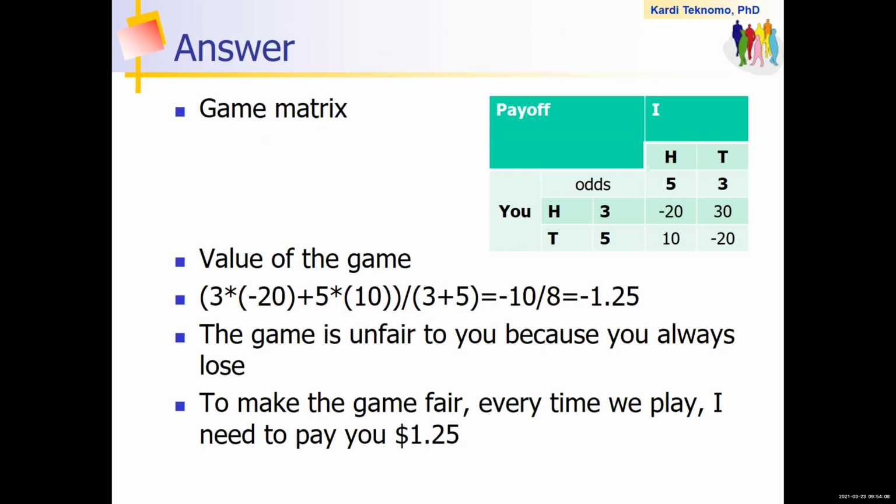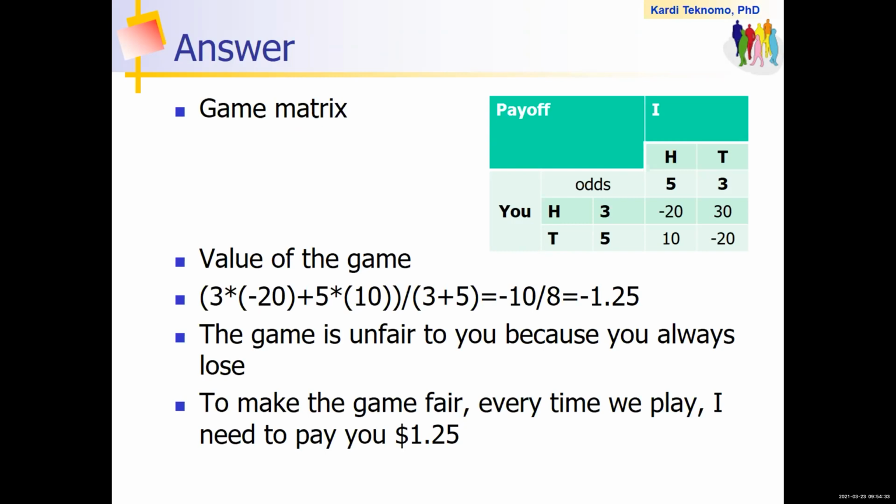Okay, so once you get the odds, you can get the value of the game by multiplying the odds and the payoffs in one column or in one row. Because the value is negative, that means the game is unfair to you, right? Because you will always lose.